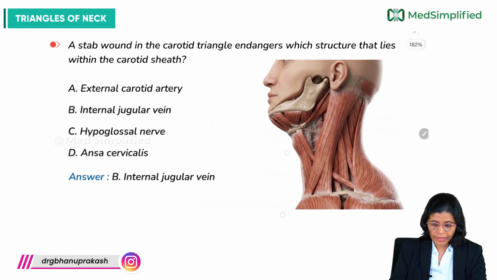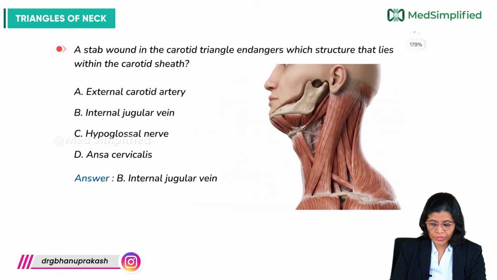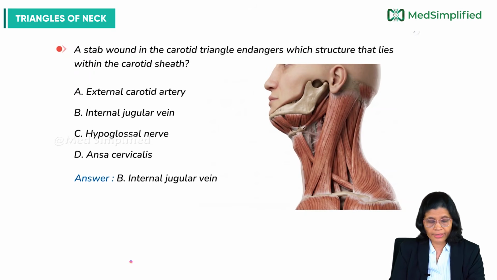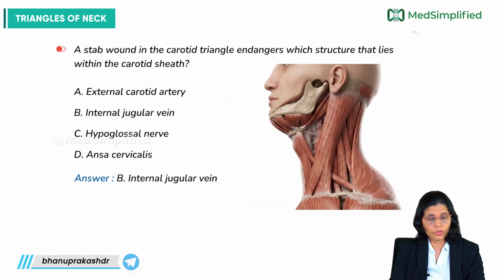A stab wound in the carotid triangle endangers which structure that lies within the carotid sheath? The carotid sheath contains the carotid arteries along with the internal jugular vein and the vagus nerve, which is posterior. The medial most will be the carotid artery and the internal jugular will be lateral.